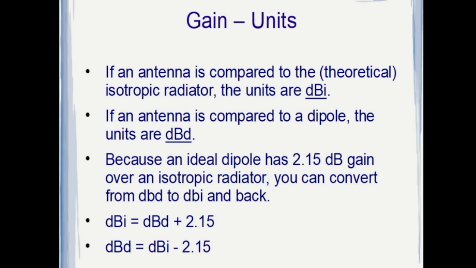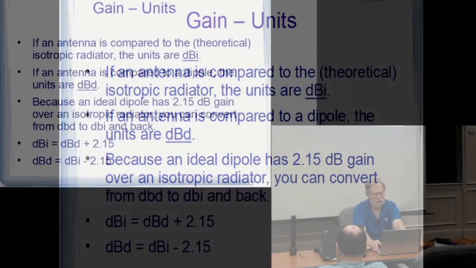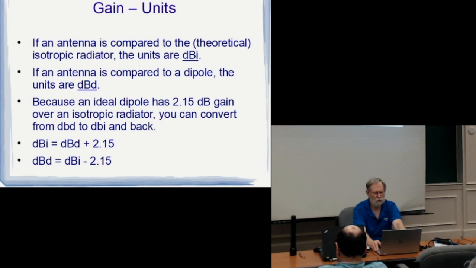If the antenna is compared to a dipole, which is a more realizable and real antenna, then the units are dBd, decibels dipole. And dBd makes a lot more sense for hams, because if you got your license and wanted to get on HF, probably the first antenna you ever made was a dipole, the basic building block of most antennas.